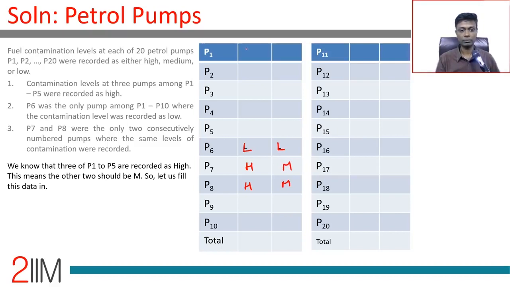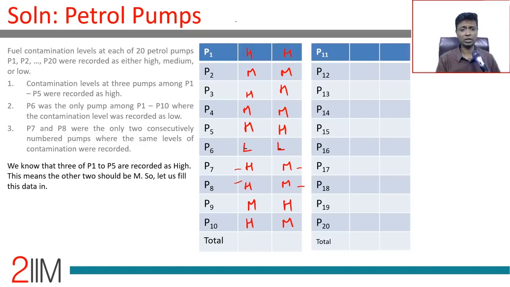This has to be H, M, H, M, H, L, then H, M, H, M, H. So between H and H, this has to be M. Two possibilities for P1 to P10 because P7, P8 could be HH or MM. Maybe one of these two will get eliminated, but we have two possibilities.